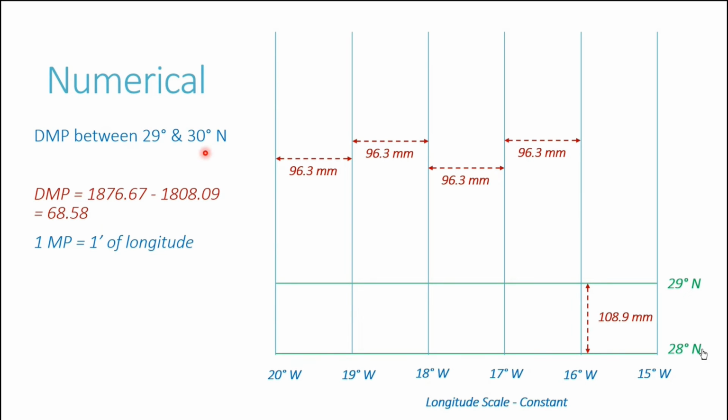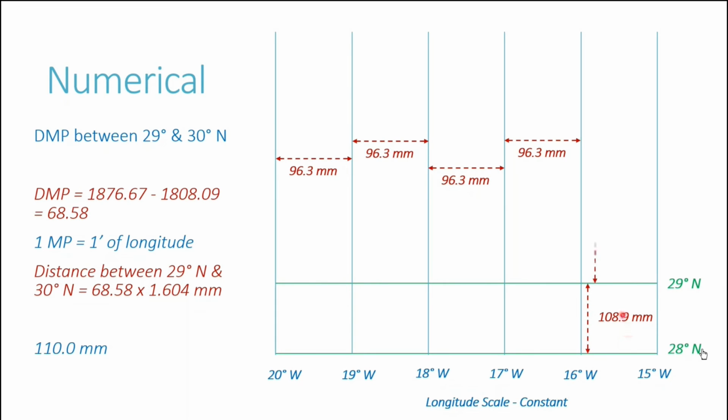So the gap between 29 and 30 is basically 68.58 minutes of longitude. 1 minute of longitude is already calculated as 1.604 millimeters. Multiplied by the DMP gives us the gap or distance between 29 and 30 degree parallel, and it comes out to be 110.0 millimeters.